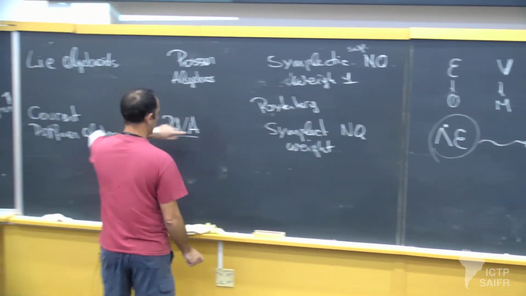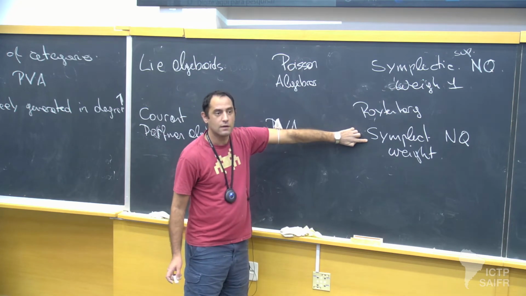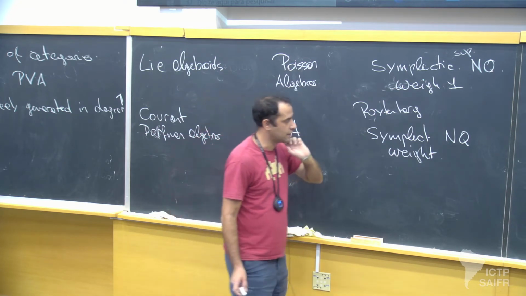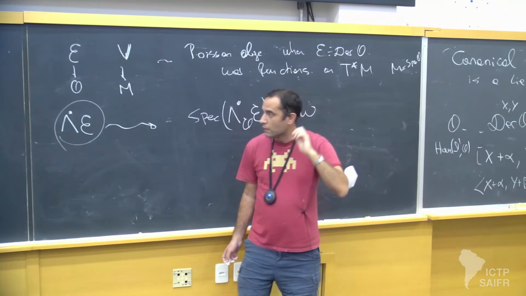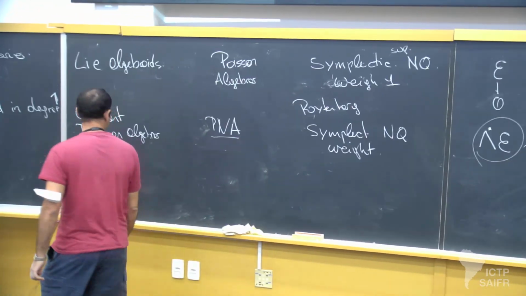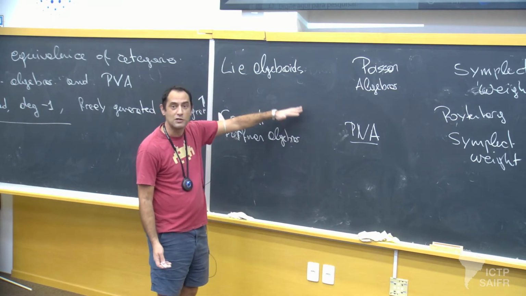Again, this is the target of a classical field theory in dimension 3, known as the Courant sigma model. And this would be something like the Poisson sigma model. So these manifolds are natural targets of classical field theories in different dimensions.